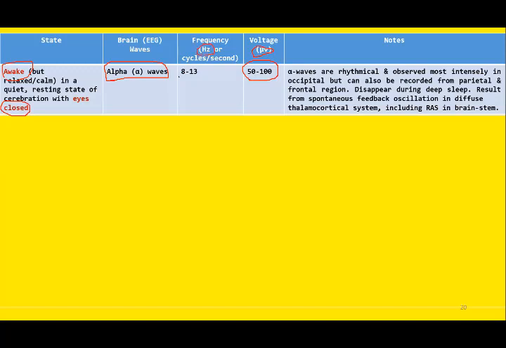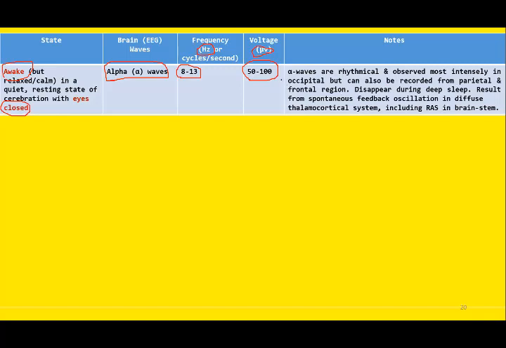So the frequency is 8 to 13. This alpha wave pattern is a synchronized pattern as compared to its counterpart, the beta wave pattern, and it is usually recorded from the parietal, frontal and occipital areas.